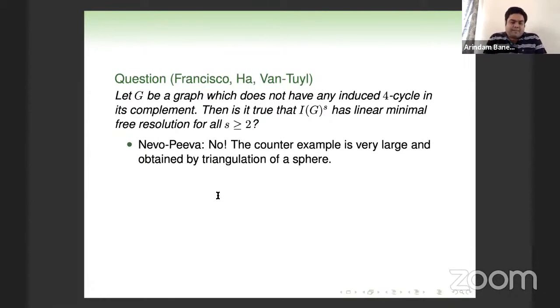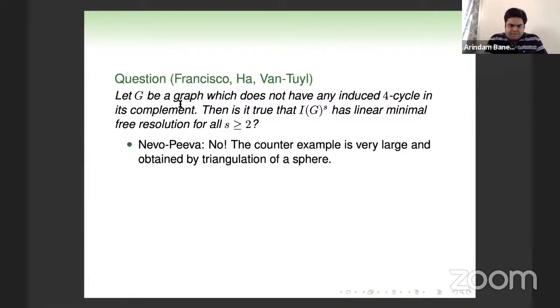Eran Nevo and Irena Peeva, Nevo was a postdoc at Cornell at that time, answered this question that unfortunately this is not the case. The counterexample was very large, and this was obtained by triangulation of a sphere. The graph which gives the counterexample, its complement is something like 12 vertices, 120 edges or something like that. It's very large and computation takes lots of time.